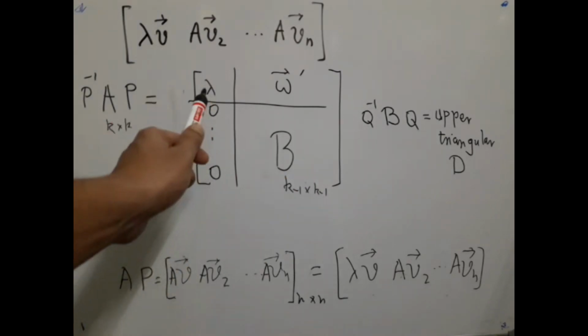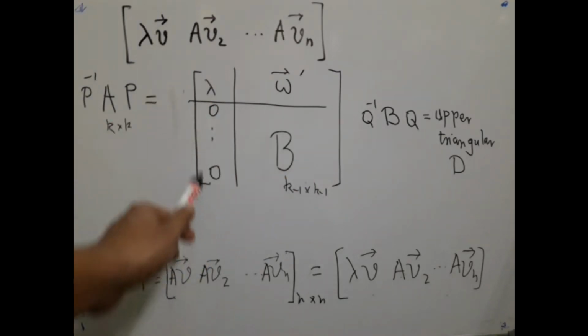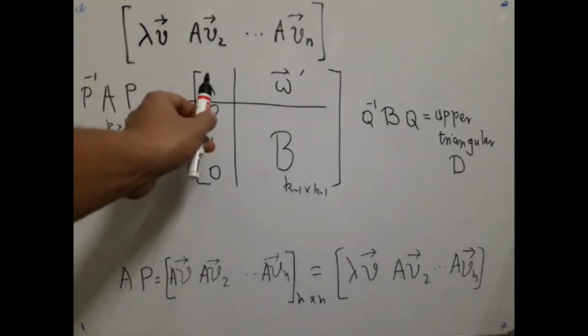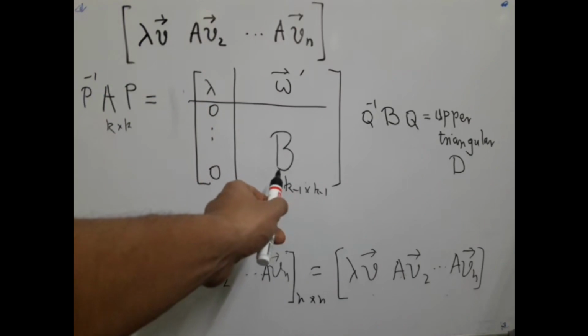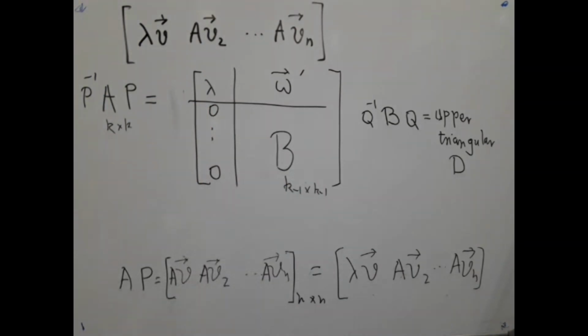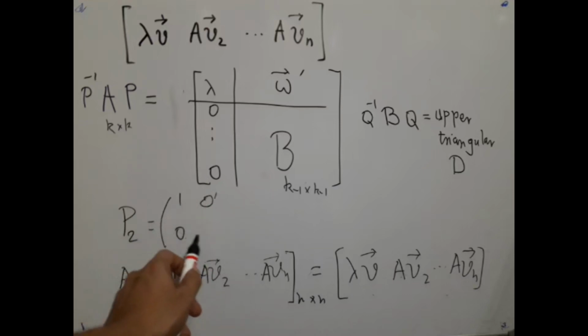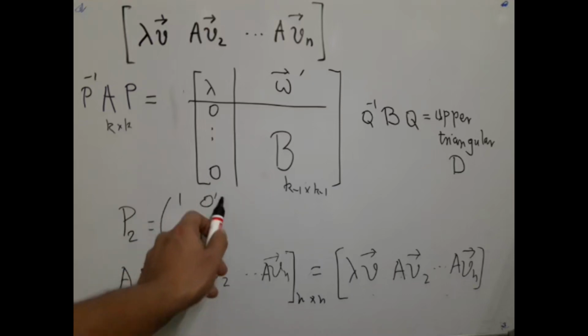The only thing is that I must leave this lambda unaltered, or these zeros unaltered. Now the matrix which will do this, keep this lambda unaltered but multiply this by Q inverse and Q, can be seen quite easily to be this matrix. So I will just define a matrix called P2, which is 1, 0, 0, and here I will put Q.